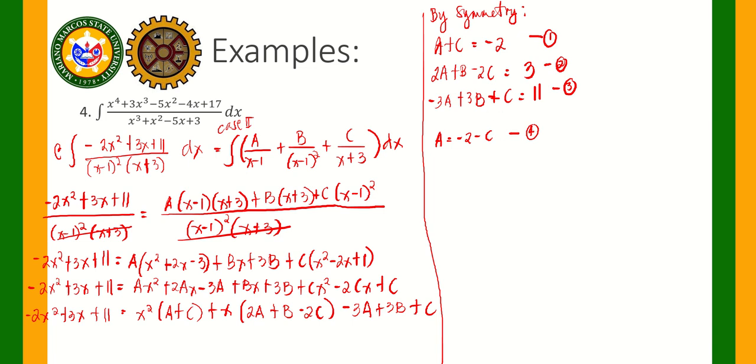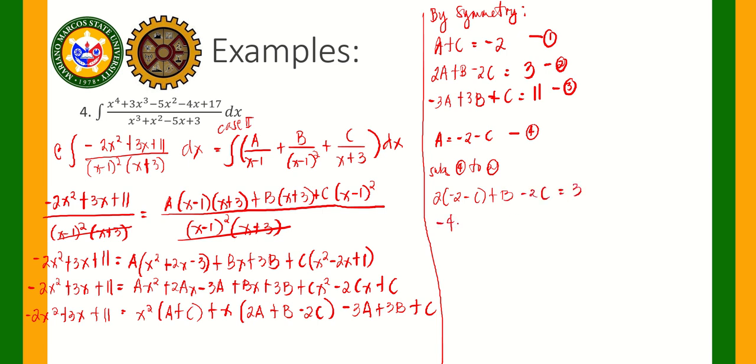Okay? So, substituting si a dito sa equation number 2. Okay, so substitute equation 4 to equation 2. So we have 2 times negative 2 minus c plus b minus 2c is equal to 3.